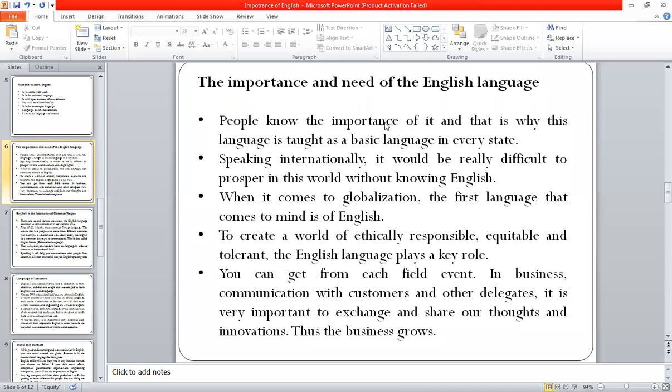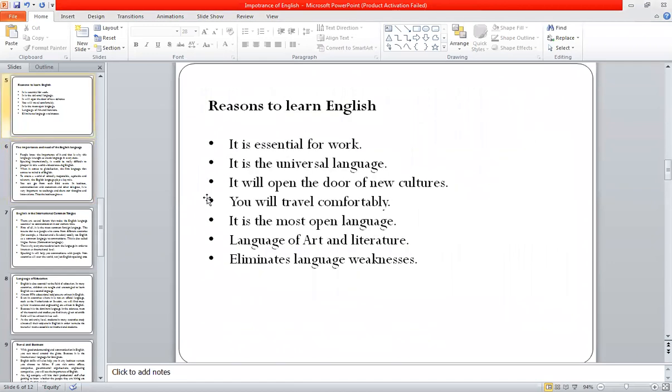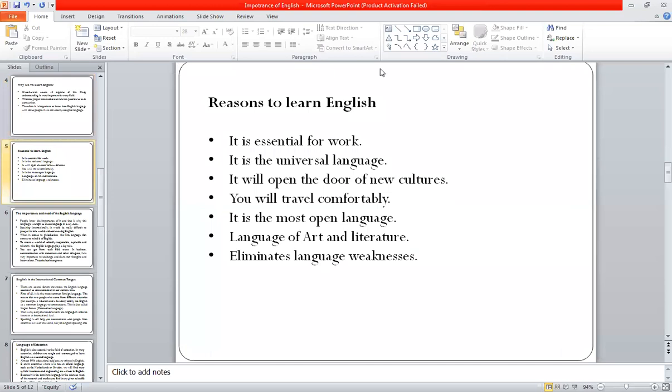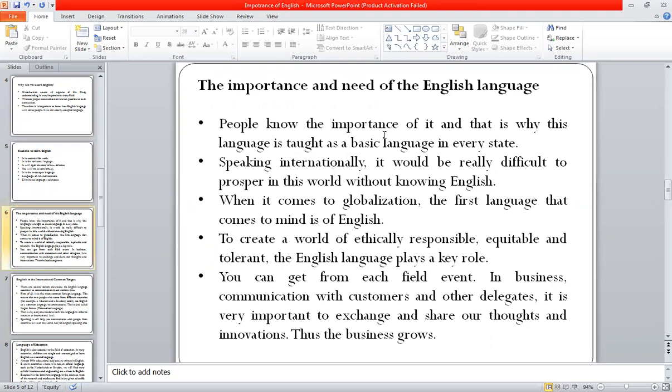In the day before yesterday's lecture, we saw what the reasons are to learn English, why we learn English. So today let's start with the importance and need of the English language.